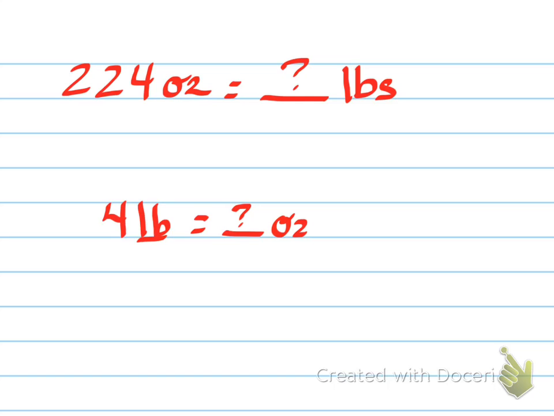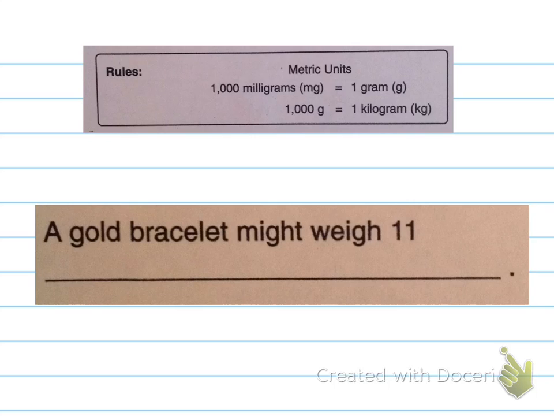Now you're going to go ahead and convert 224 ounces into how many pounds? And then 4 pounds into how many ounces? Another homework problem. A gold bracelet might weigh 11 milligrams, 11 grams, or 11 kilograms.